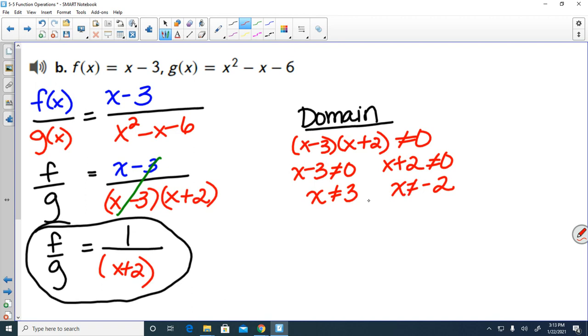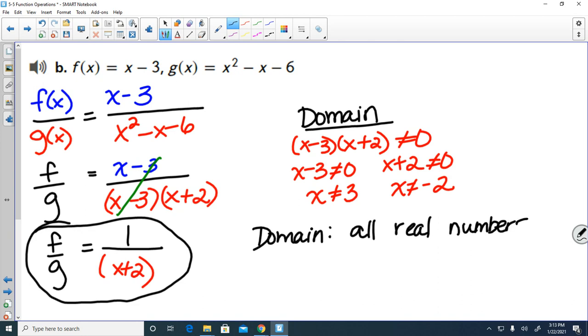Because if it is, then it will cause me to have a 0 in my denominator, and then I would divide by 0, and then I'd have an undefined expression. So my domain is all real numbers except x equals 3 and x equals -2.